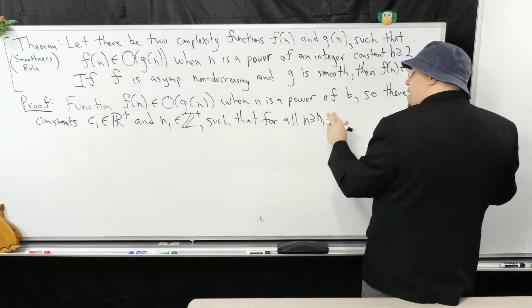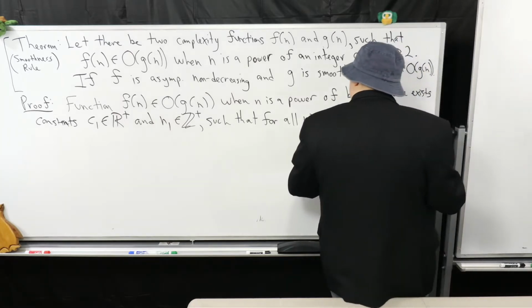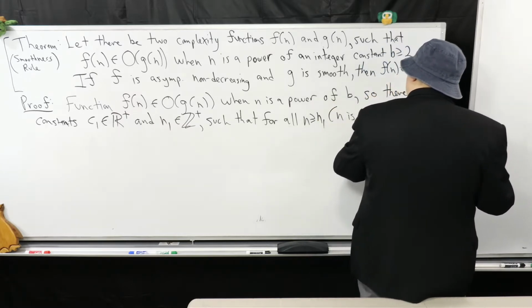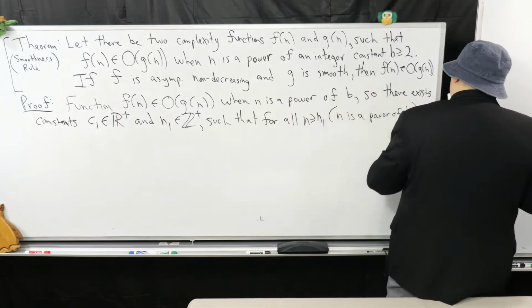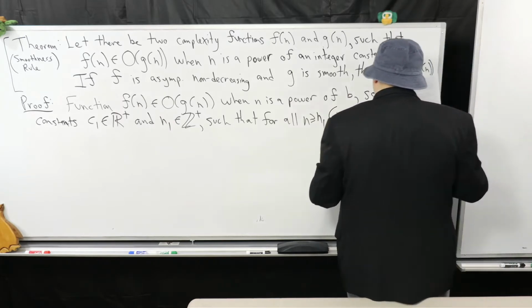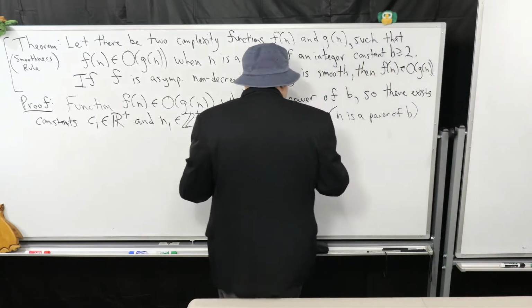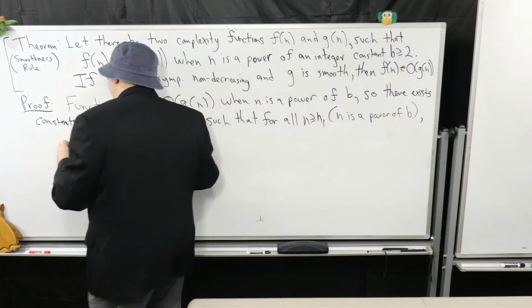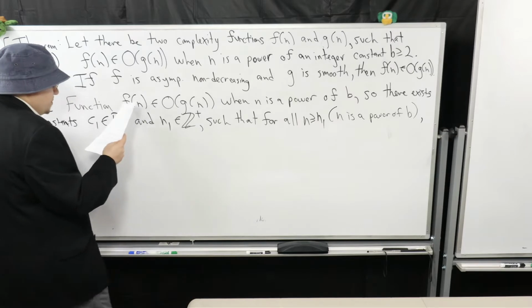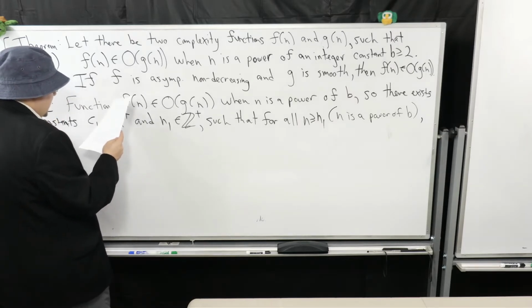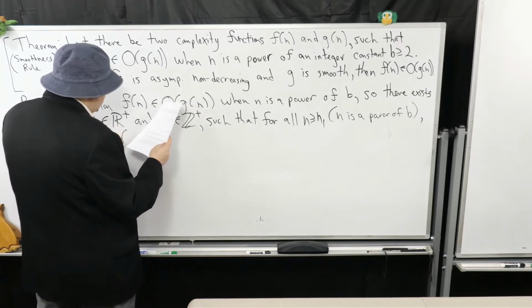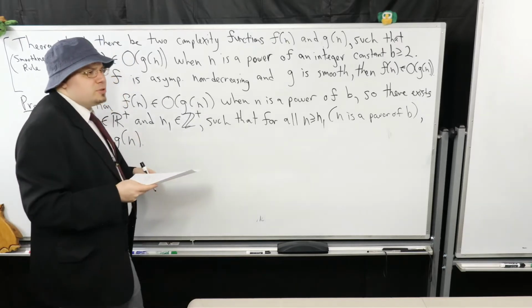So keep that in mind, it's going to come up later. This is why you have to be very careful when you read statements like this. Then we know that f of n is less than or equal to c1 times g of n. Now I'm going to say something about g.